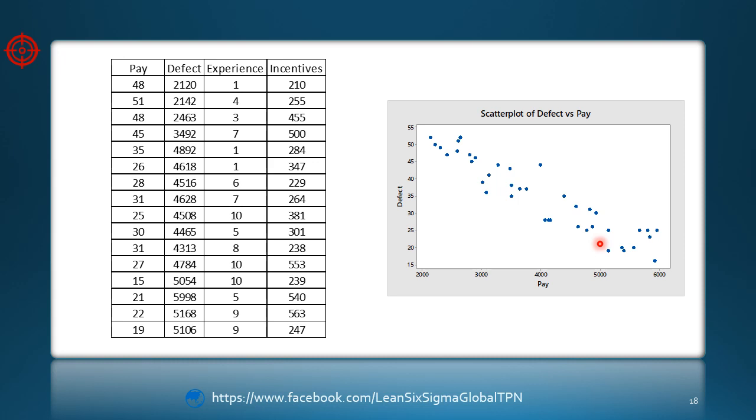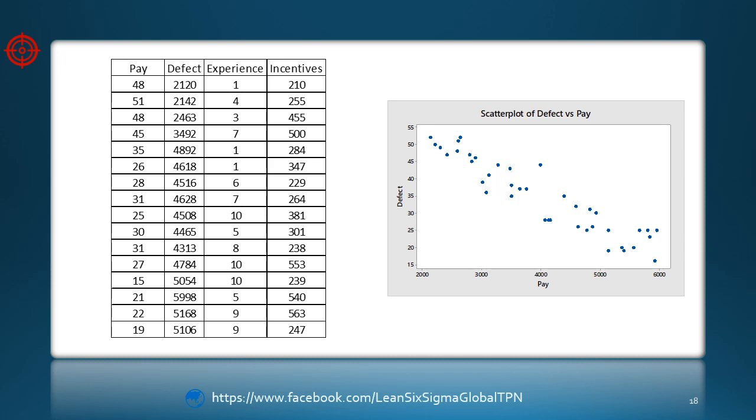But the company cannot necessarily say that the higher pay rate caused fewer defects, right? Perhaps the plants with higher pay have employees with more experience who make fewer mistakes. In this case, more experience, not higher pay, may be related to fewer defects.